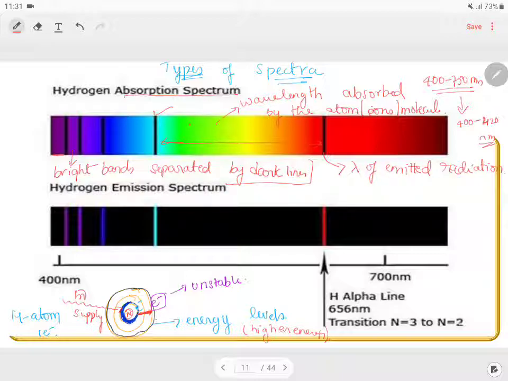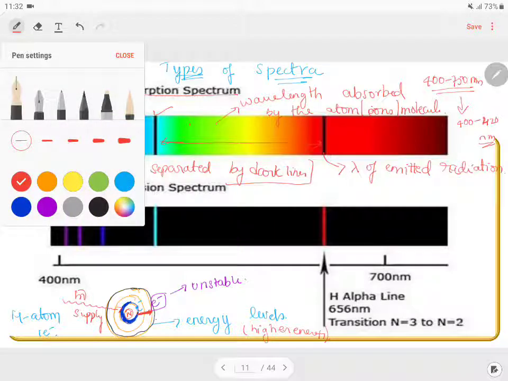Now, how do you get the emission spectrum? I'll take the same example. The electron absorbs energy and goes to the higher energy state. The higher energy state is unstable, due to which it comes back to normal by emitting radiation.